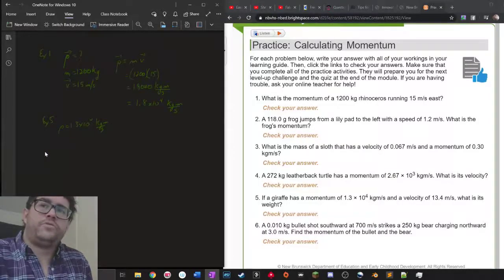A velocity of 13.4 meter per second. What is the weight? What's the weight again? It's the force, Fg, equal to mg, which means I need my mass.